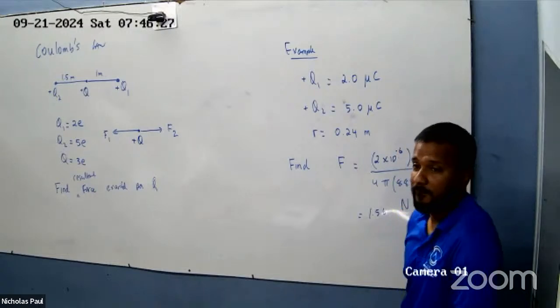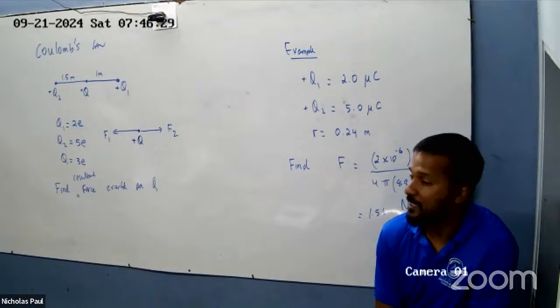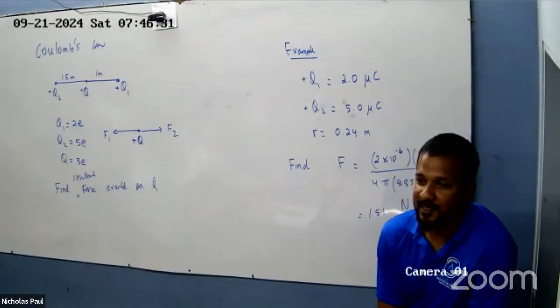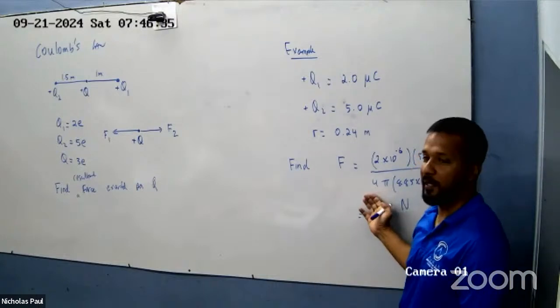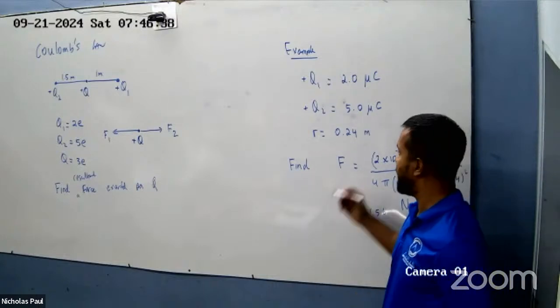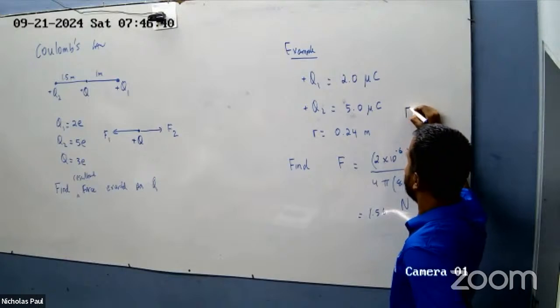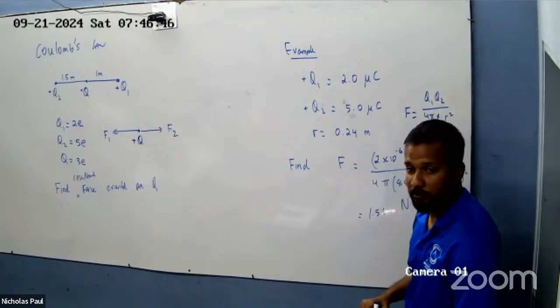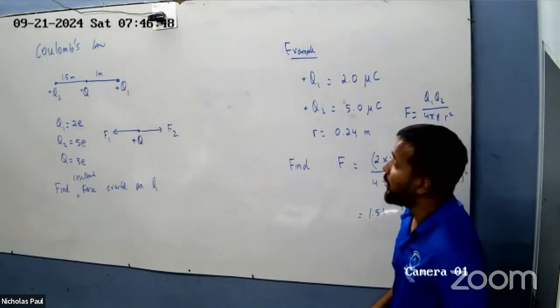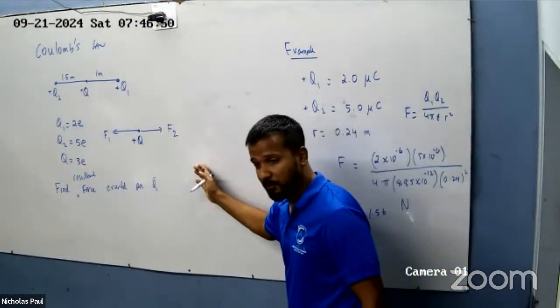We'll be doing the same thing here. Let me write this here: F is equal to Q1 and Q2 all over. All okay with us? Work it out.